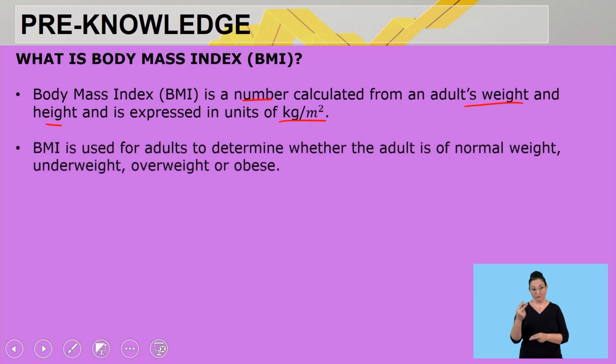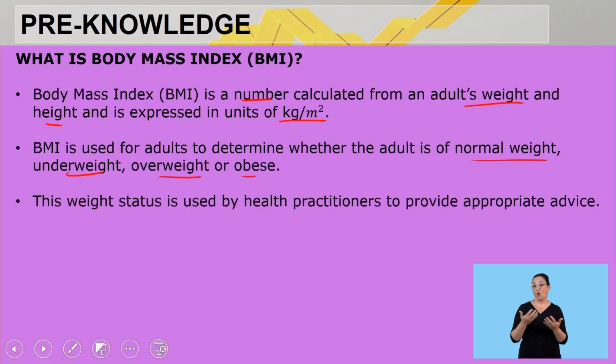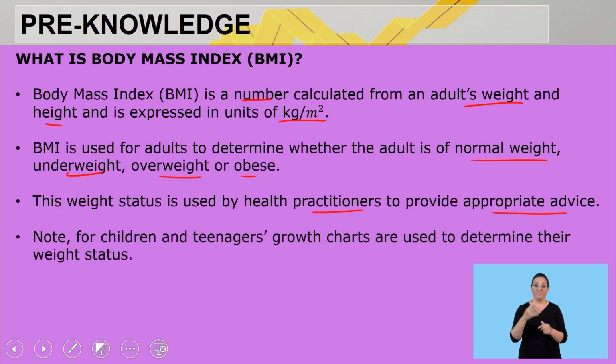BMI is used for adults to determine whether the adult is of normal weight, underweight, overweight, or obese. The weight status is used by health practitioners to provide appropriate advice. Also note that for children and teenagers, growth charts are used to determine their weight status.